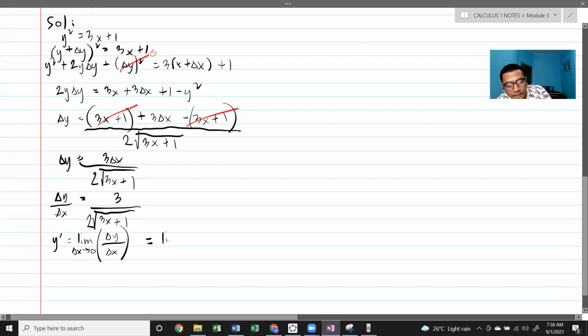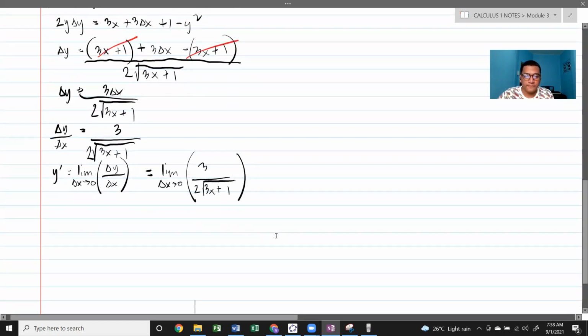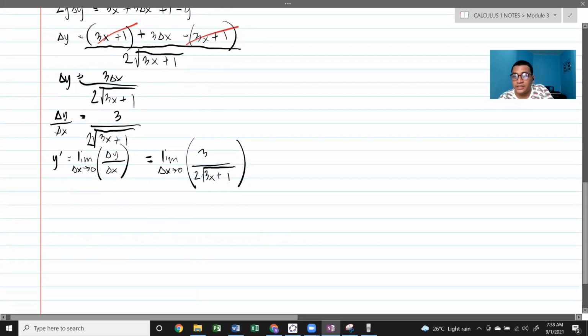So we have the limit of 3 over 2 square root of 3x plus 1 as delta x approaches 0. Now, from this expression, wala na tayong delta x. So as is siya. So y prime is equal to 3 over 2 square root of 3x plus 1.